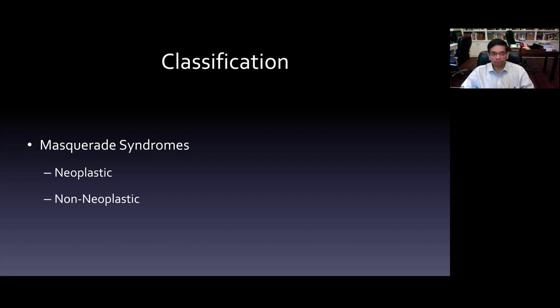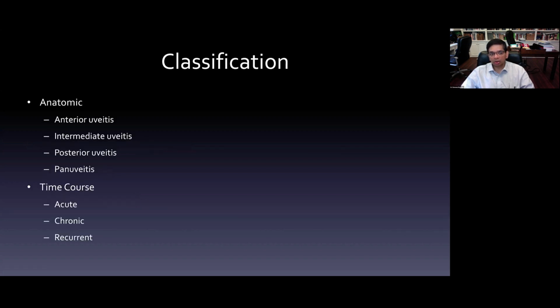And there's also another group of the so-called non-infectious conditions that are masquerade syndromes, which can include neoplastic and non-neoplastic causes. Another way to classify uveitis is based on the anatomic location of the inflammation.